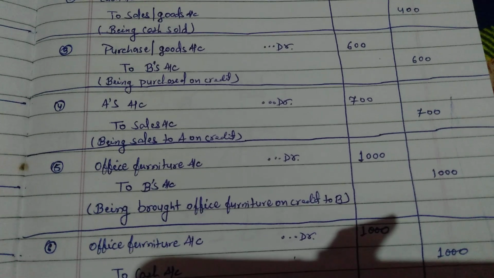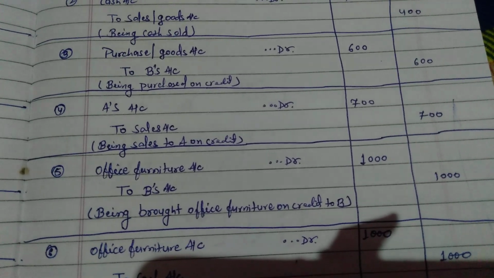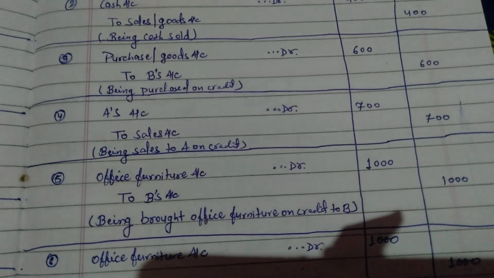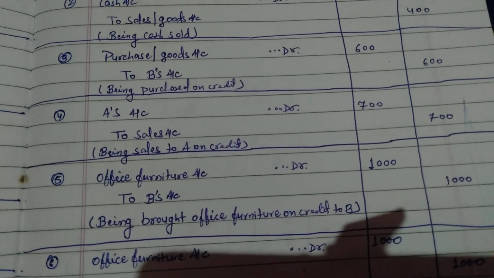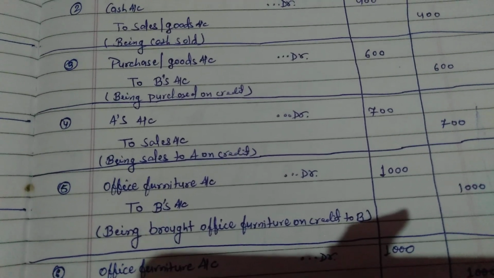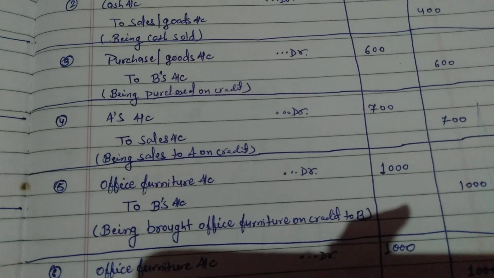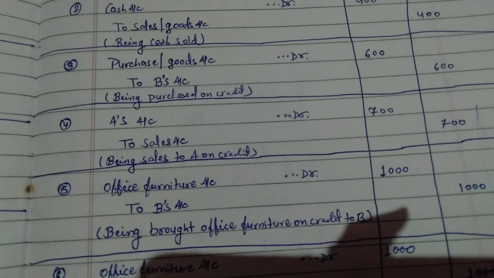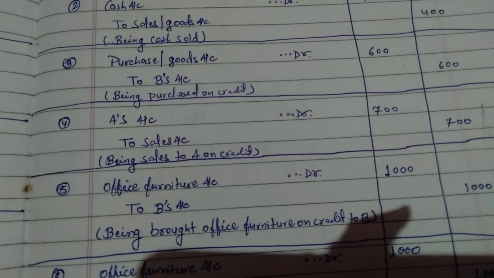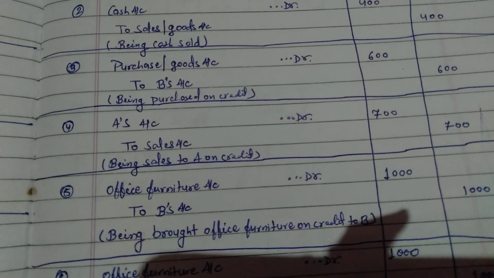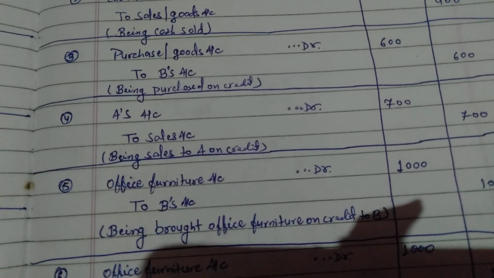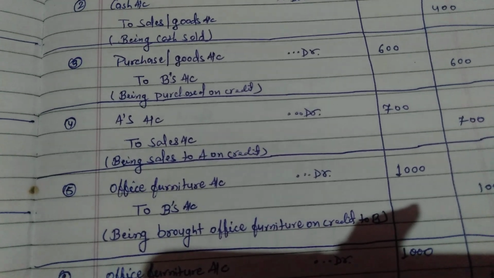Then another problem is being bought office furniture on credit from B. We are purchasing office furniture from B, so B is the giver.